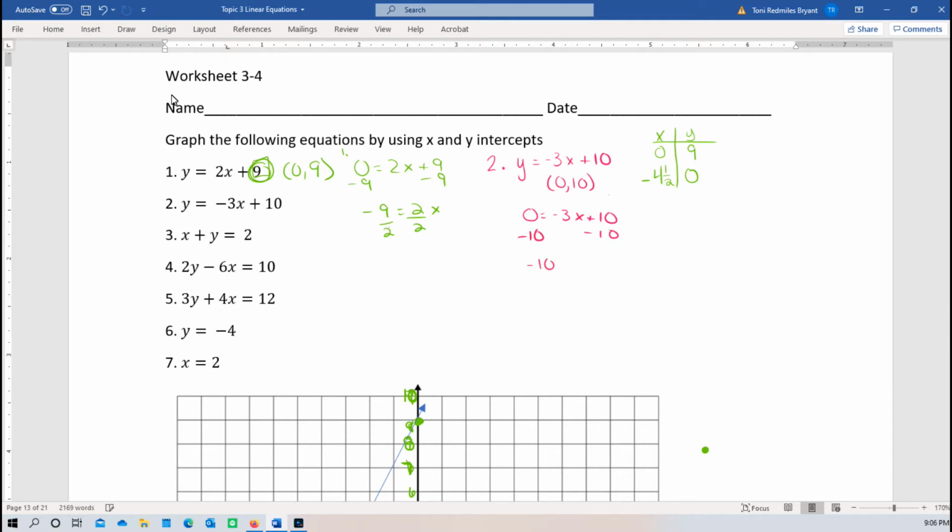It's going to give us -10 equals -3x. Again, I'm going to get some pretty goofy looking fractions. 2 negatives make a positive. 3 goes into 10 3 times with 1 left over, right? So 1/3. Not my favorite fraction. All right, so that's my 3 1/3, 0 point.